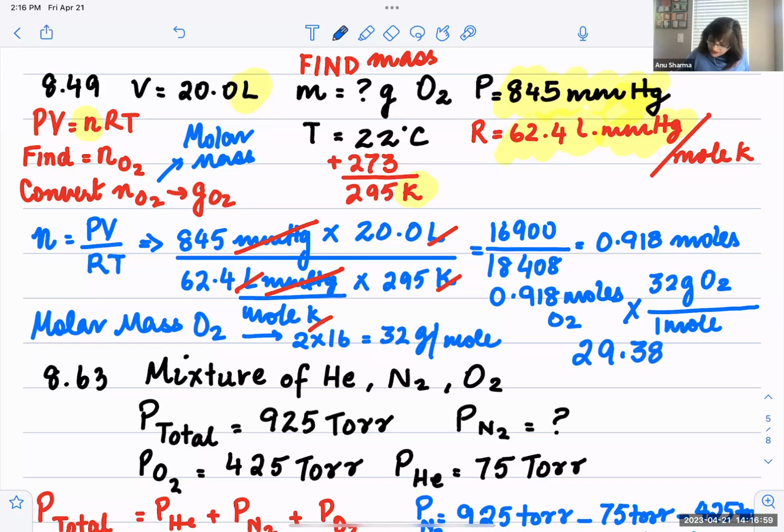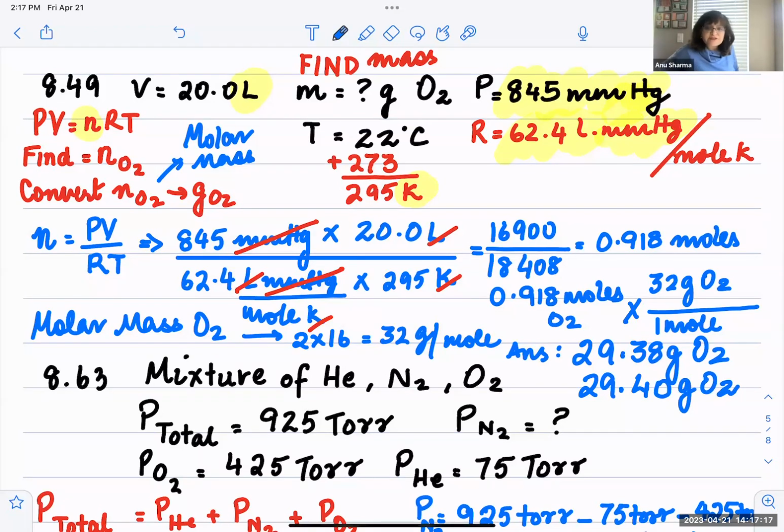Let me just double check, 29.4. Yeah, so 29.4, also can be written as 29.40 grams of oxygen. So that's the answer.